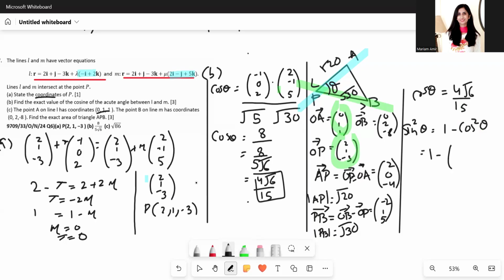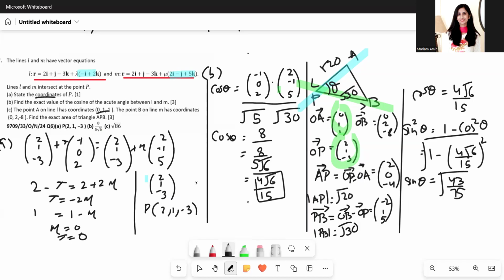So 1 minus (4 root 6 upon 15) squared, and then root this. So that will give us the value for sine theta. So let's first square that. Fraction key, 4 root 6 upon 15 whole squared. That gives me 32 upon 75. 1 minus answer. That gives me 43 upon 75. So square root of 43 upon 75.